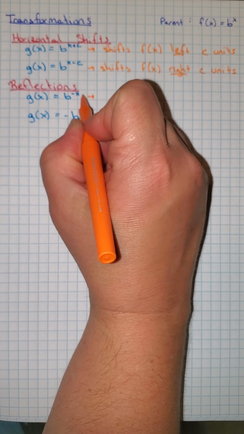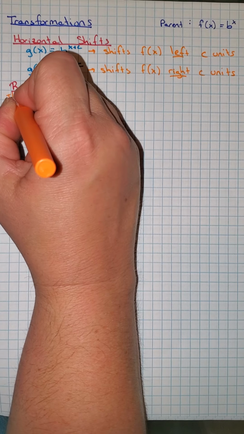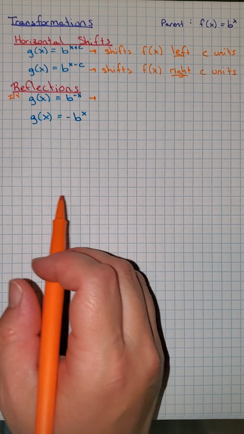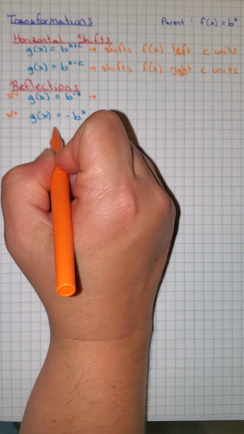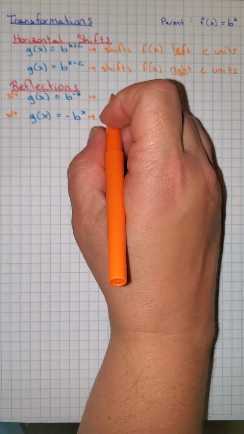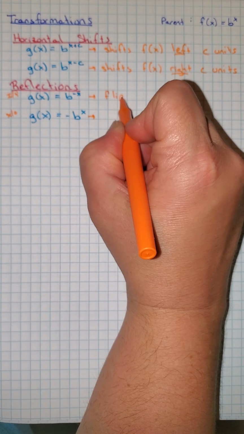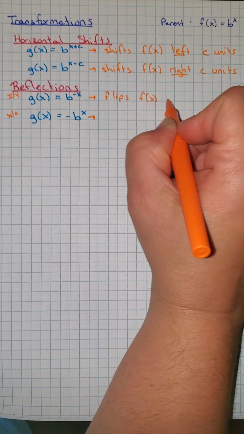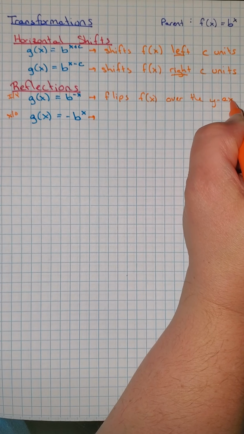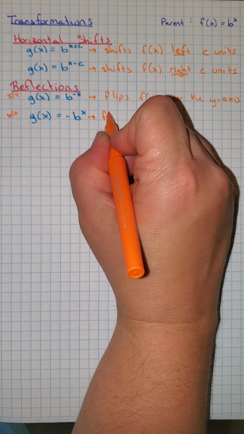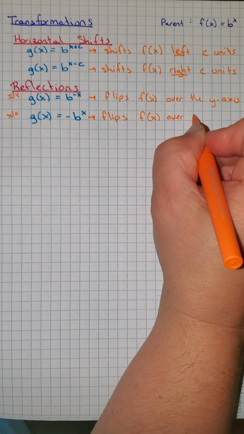So this negative is inside the function. So you have y-axis, inside is y-axis. This is outside the function, so you have the x's and o's over the x-axis. It's dumb, but hey, maybe it worked for somebody. So this flips f of x over the y-axis. This flips f of x over the x-axis.